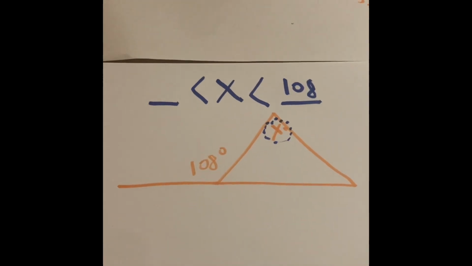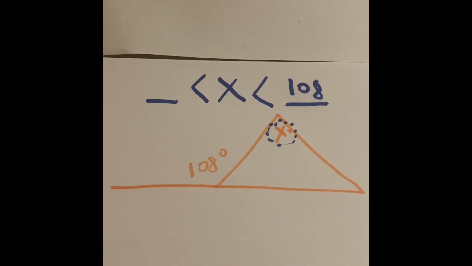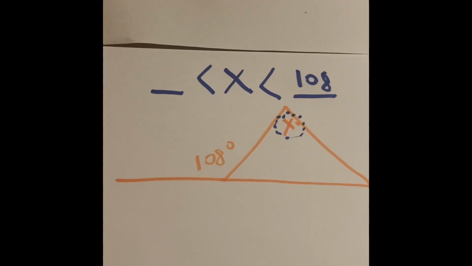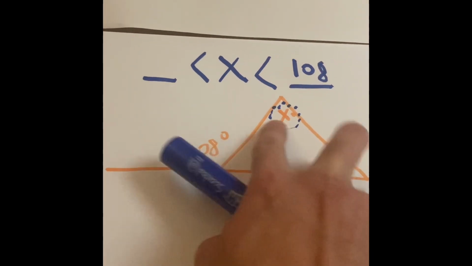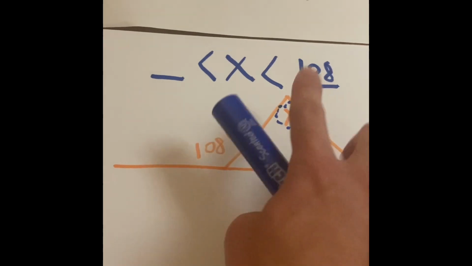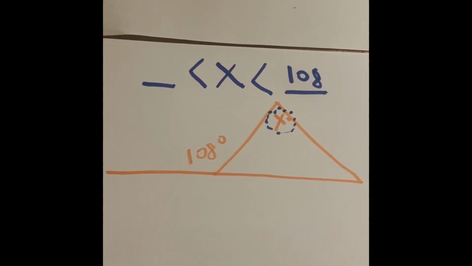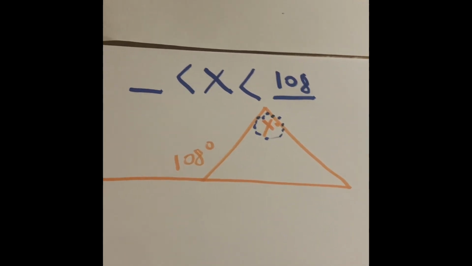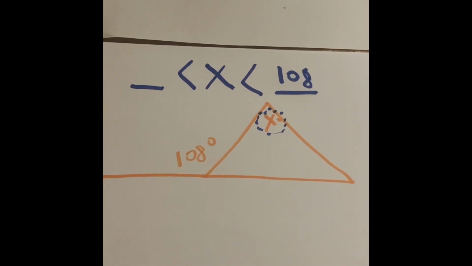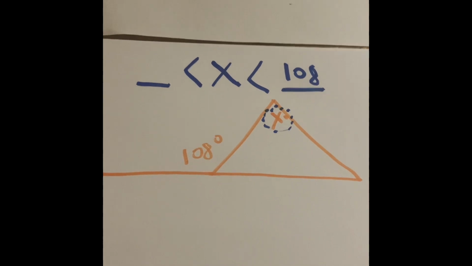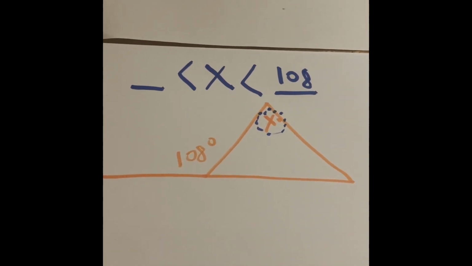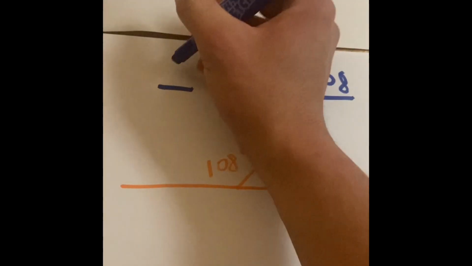Well, that last one, when we talked about when you have the measurement for the interior angles, it has to be greater than these two. But it could be anything until it no longer becomes an angle. And that applies to this one too. So, X is less than 108, but it has to be greater than 0.